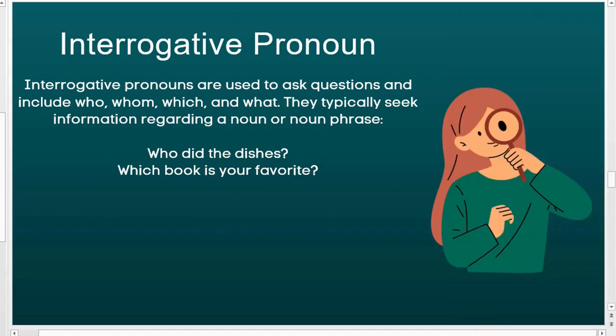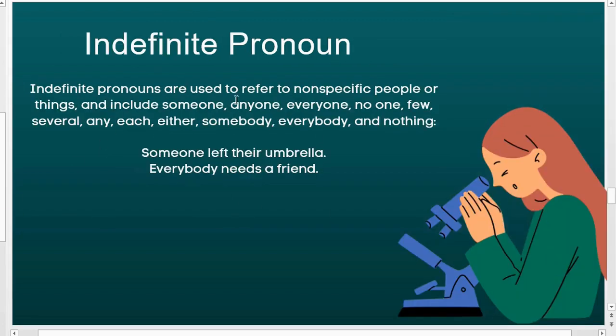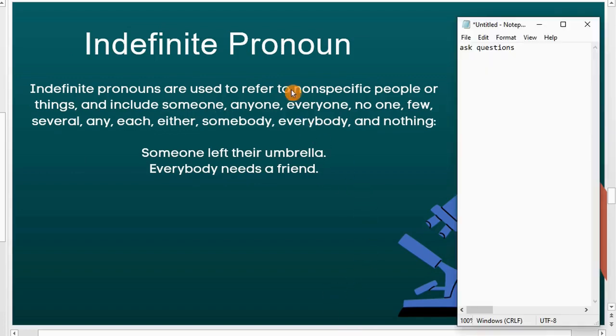Okay, next we move on to the next one. Indefinite pronoun. Indefinite pronouns are used to refer to non-specific people or things and include someone, anyone, everyone, no one, few, several, any, each, other, somebody, everybody, and nothing.